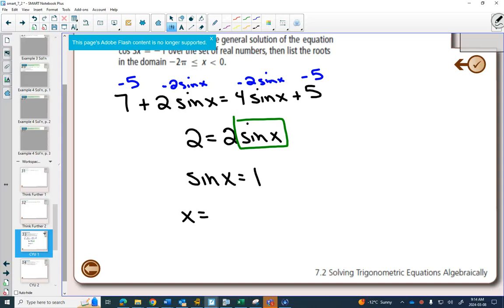Now, depending on where your brain is at, maybe your brain remembered this question was in degrees, and you wrote 90 degrees. Some students will write pi over 2 here, because they won't remember if you're in radians or degrees. Okay?